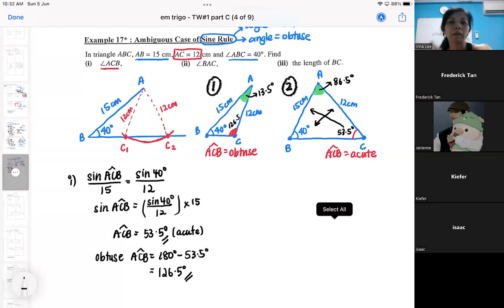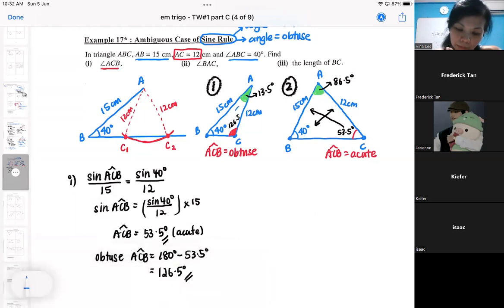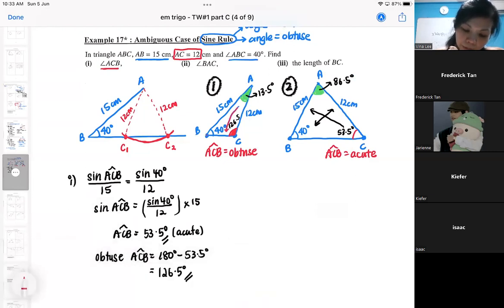So just know that in sine rule, your answer can be an obtuse angle as well. And because of this, your BC can also be different.